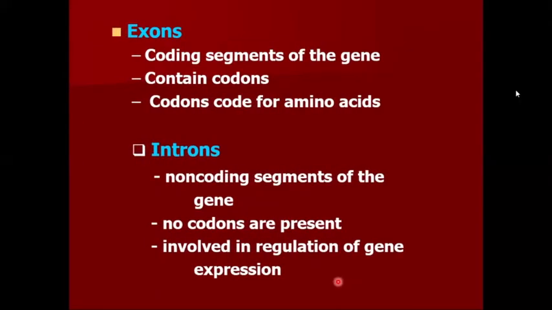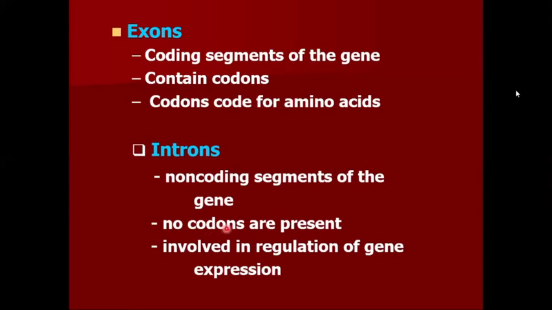So these are the other terms that you have to be familiar with, exons and introns. Exons are coding segments of the gene, and they contain the codons that specify the kind of amino acids that will be incorporated in a protein molecule during translation. Introns, on the other hand, are non-coding segments of the gene.